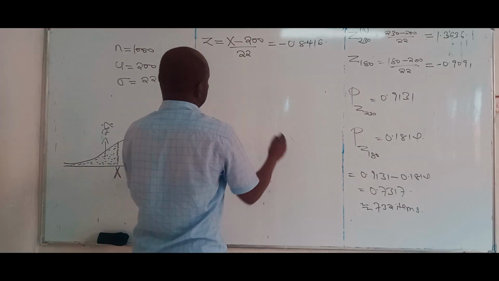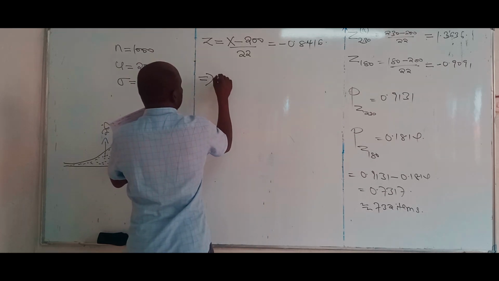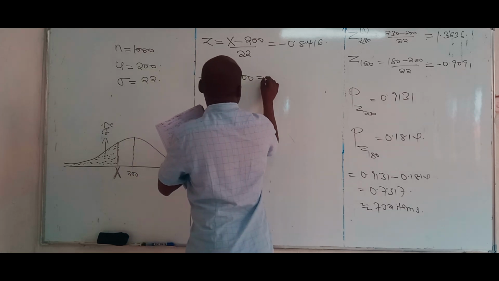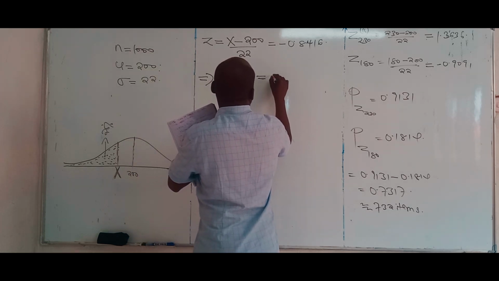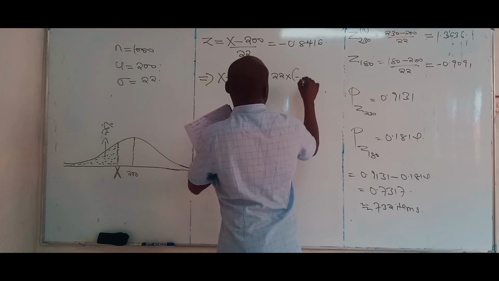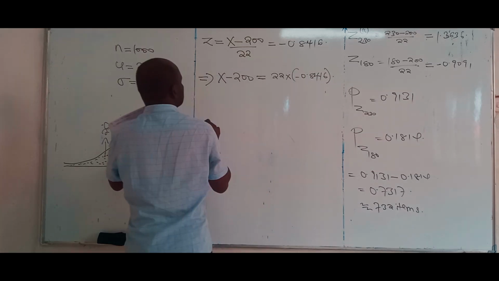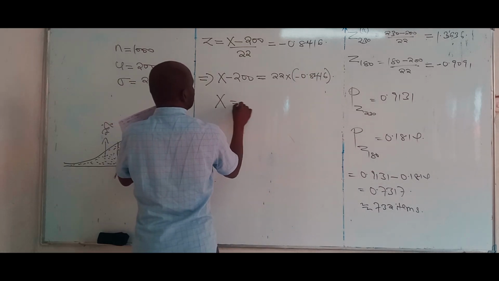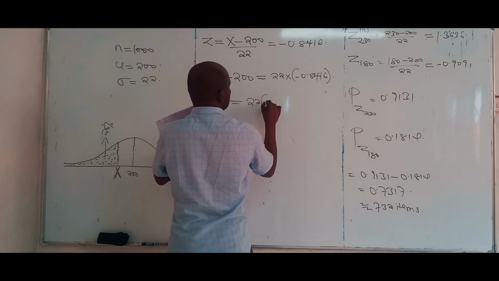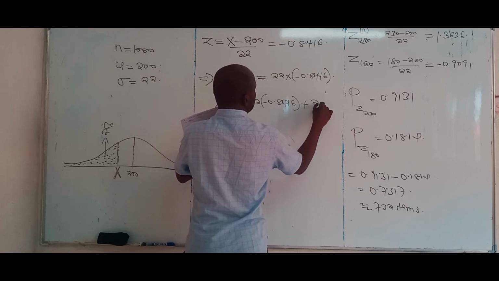Here I just make X the subject. This implies that X minus 200 is equal to 22 times negative 0.8416.